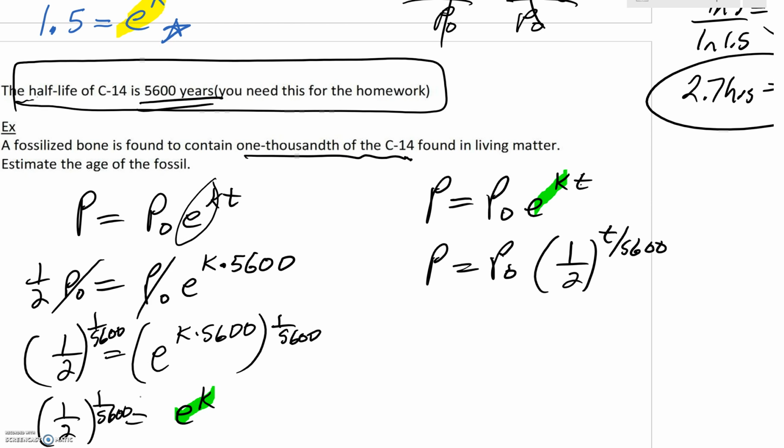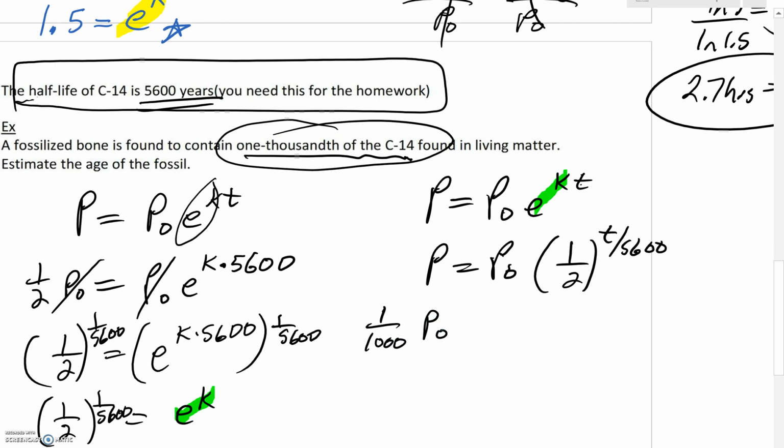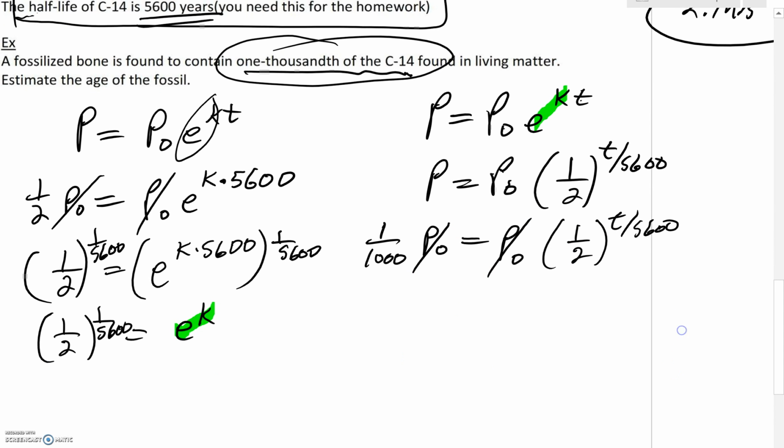Okay, so to finish this problem up, they're going to say you are dealing with a mass that's 1/1000th of what you would have begun with, of the original. And could you solve for t? Well, divide this out, and I think you can see pretty quickly we're going to take an ln of both sides. And as you take the ln, guys, you're going to be able to drop this power down.